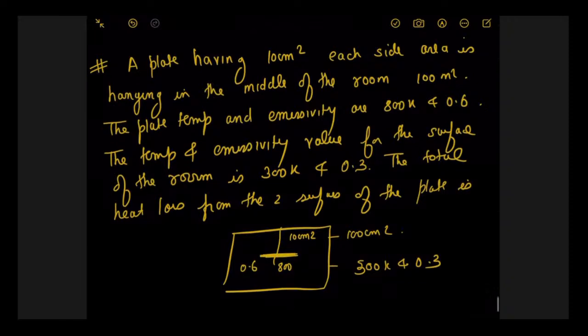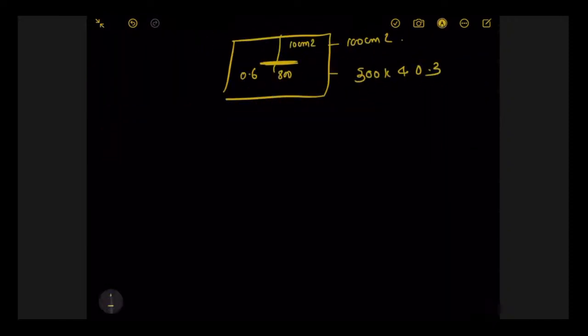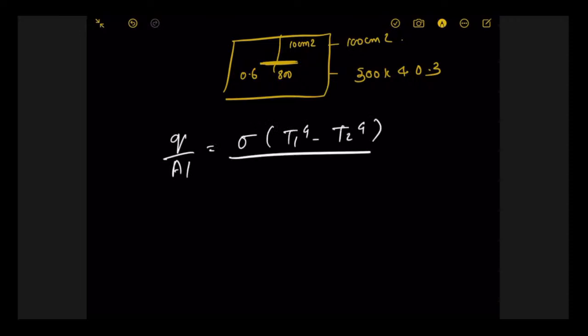Okay, so here, see this. Q by A1 is equals to sigma (T1 to the power 4 minus T2 to the power 4) upon 1 upon emissivity 1 plus A1 by A2 times (1 upon emissivity 2 minus 1).